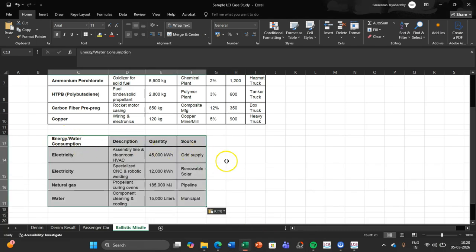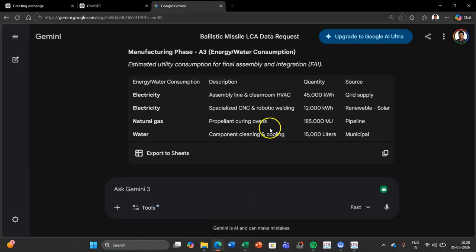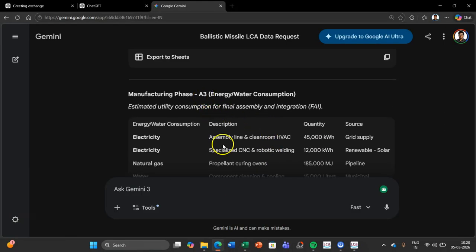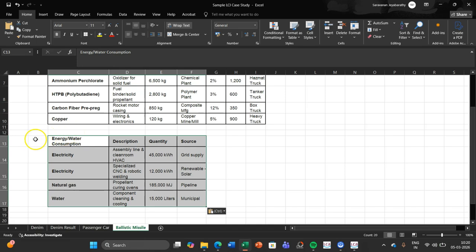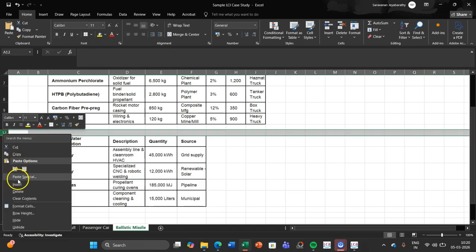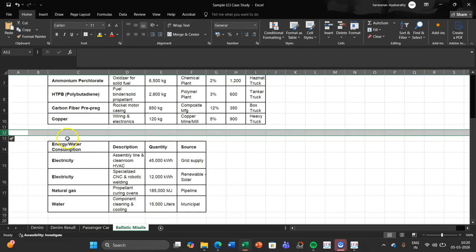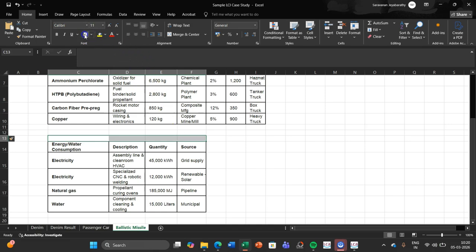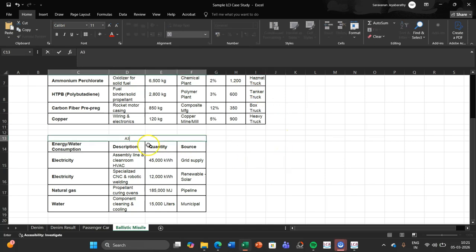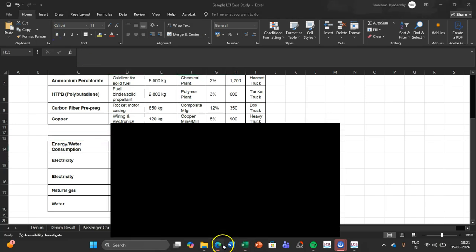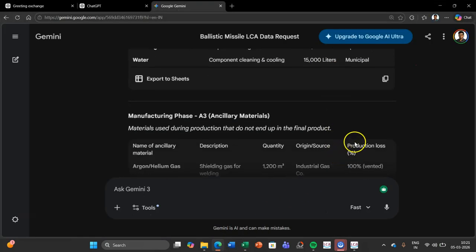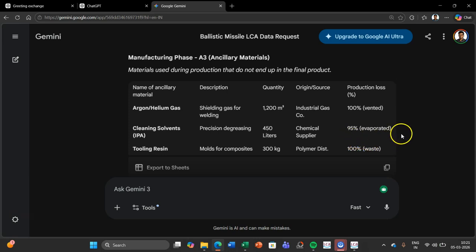Here it comes. I think this is meant for A3. Okay, yeah, A3. Just put a box. Okay, then what else data? A3 ancillary materials.